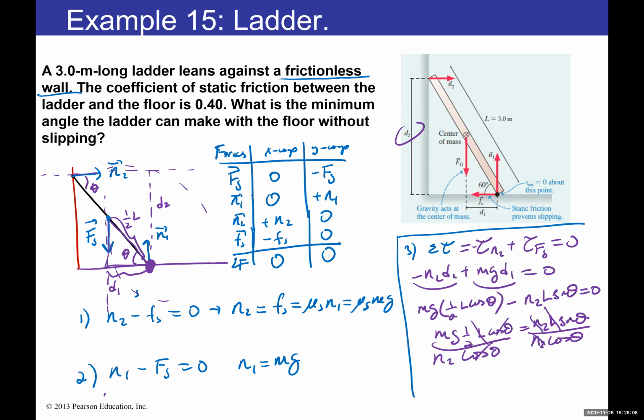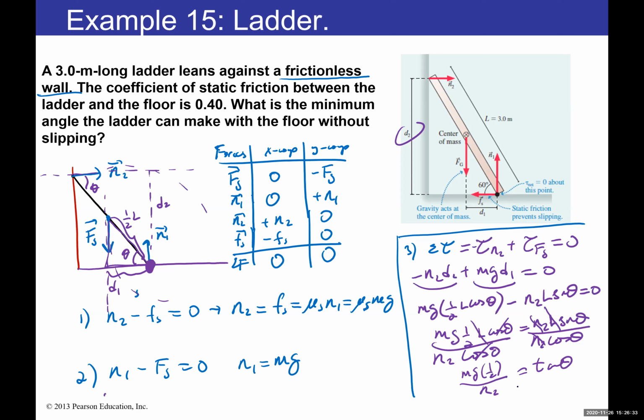What I'm doing here is eliminating everything on the right side. So I have sine over cosine, which is the tangent of theta. What survives on the left side is mg times 1/2 over N2.